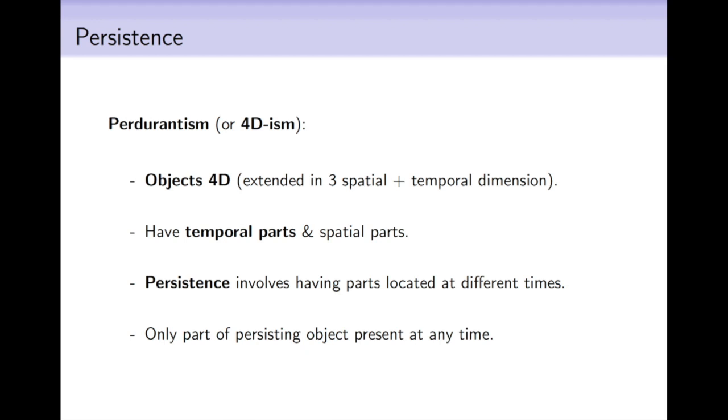The temporal parts theorist is going to say something similar about times. They're going to say that only a temporal part of me exists today, and there are other parts of me that exist at different times. So the whole of me is made up not only by all of the spatial parts of me, but all of the temporal parts of me. That includes today's part, but also yesterday's part, hopefully tomorrow's part, and so on.